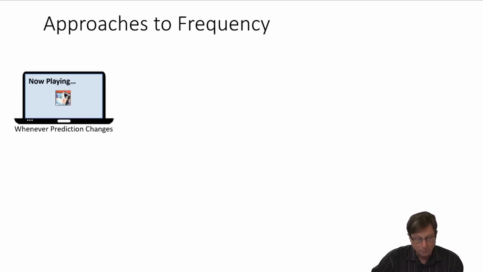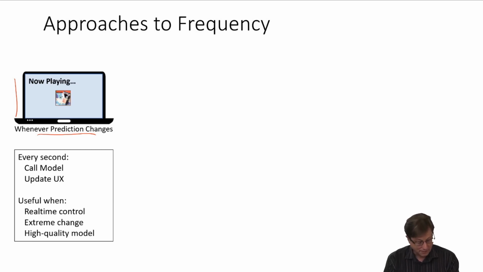So one approach to frequency would be that whenever a prediction changes, you change what's happening. So if you're automating, you would be like, hey, I think you want to hear You Can Call Me Al now. Nope, you want to hear Don't Stop Believing. Nope, you want to hear that Outfield song. I forget what it was. And just flash back and forth between them. Could be a bit of a disaster. You probably want to hear to the end of a song. This is a bit of a joke, but you know.